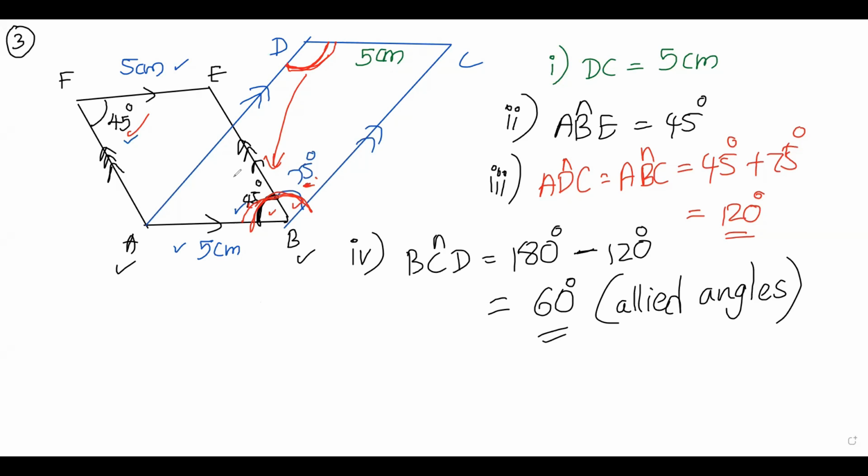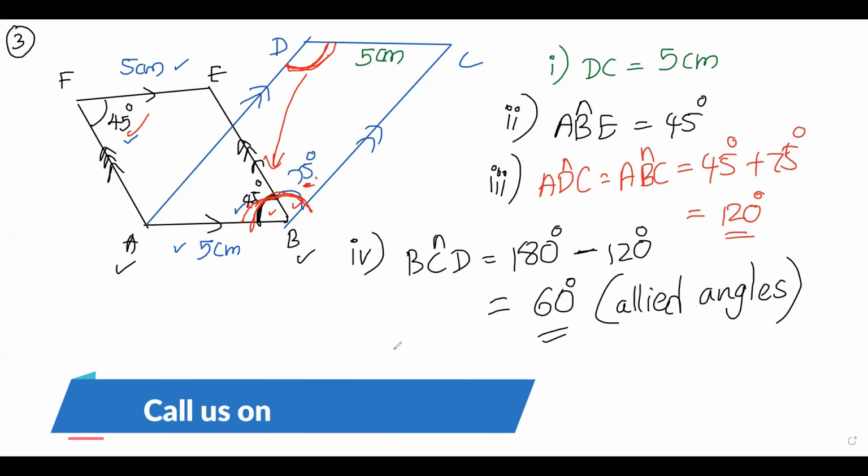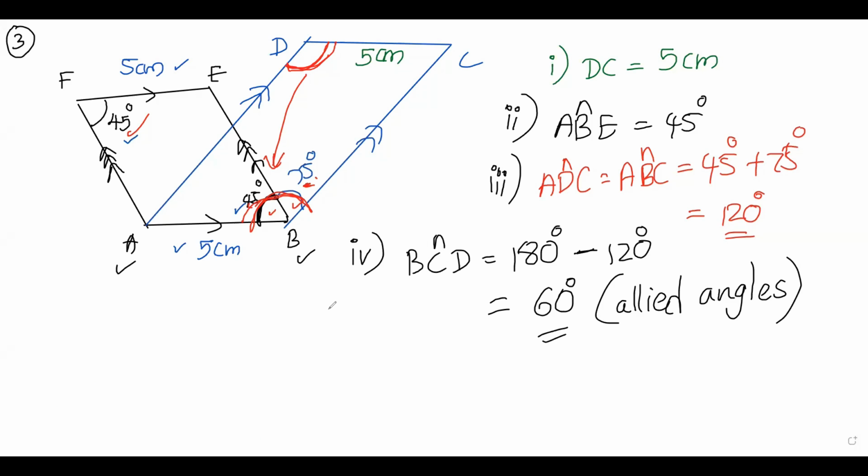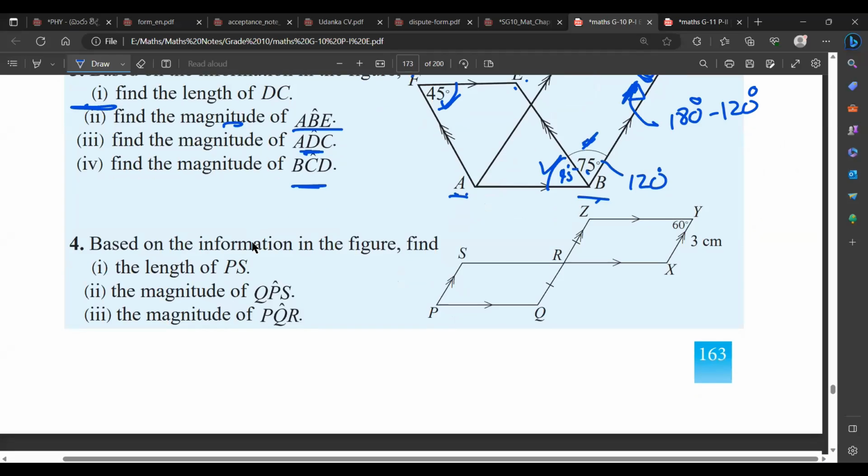What are the properties there should be in a parallelogram? Opposite sides are equal and parallel, and opposite angles are equal, and the diagonal bisects it. These are the properties of the diagonal.